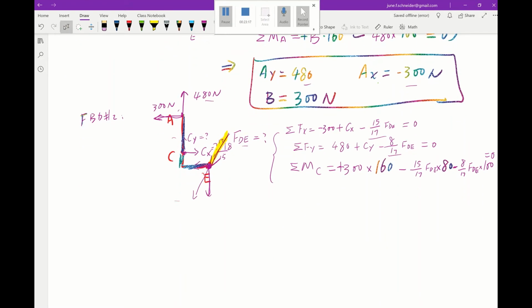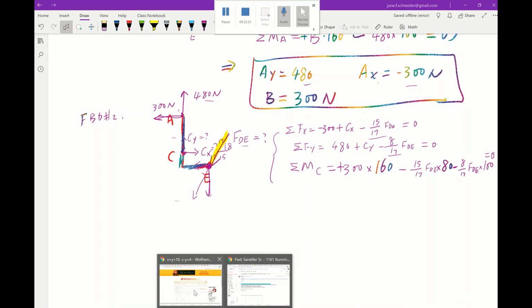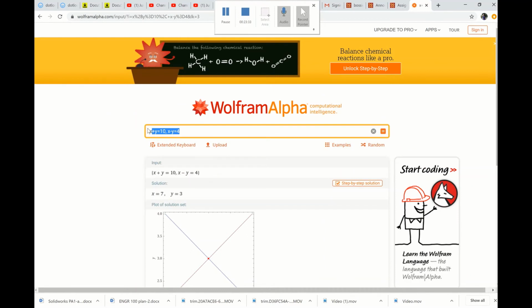Again, for this problem, it's probably easiest to go to an equation solver to go ahead and do that. Hopefully you are solving that yourself. Feel free to pause.